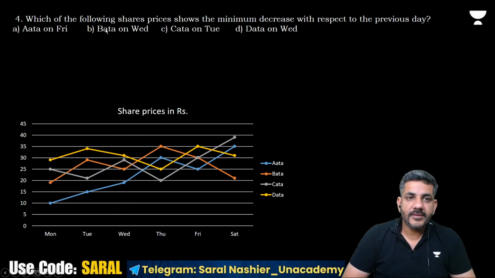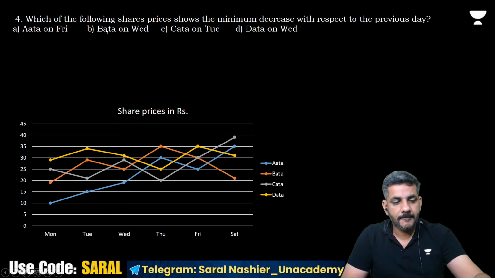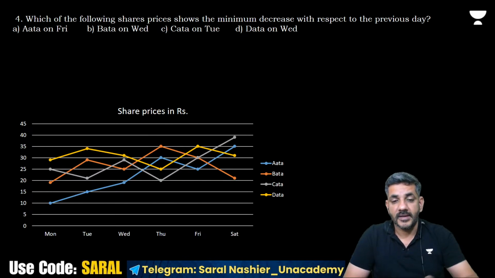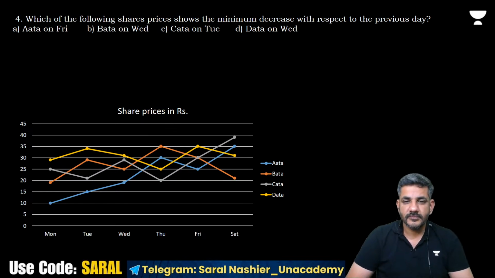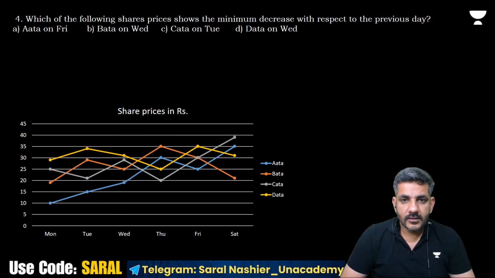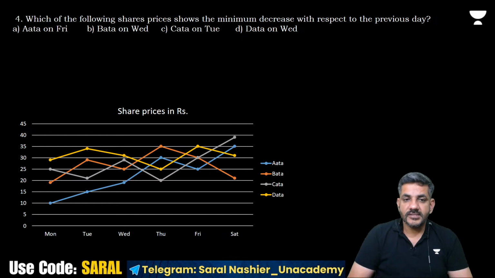Which of the following share prices shows the maximum decrease with respect to the previous day? Sorry, minimum, not maximum. Can I see some answers?